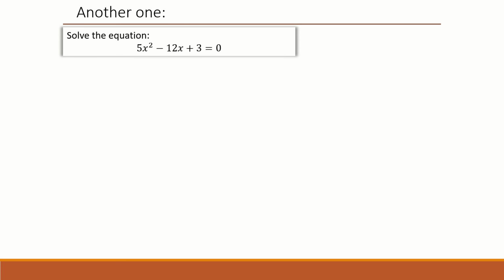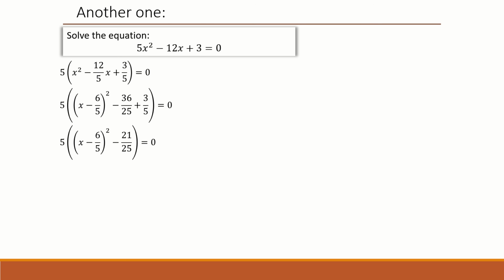Have a go at this equation. As always, take out the 5. This time it includes fractions, which gets a bit harder. Complete the square, which should give you (x − 6/5)² − 21/25.